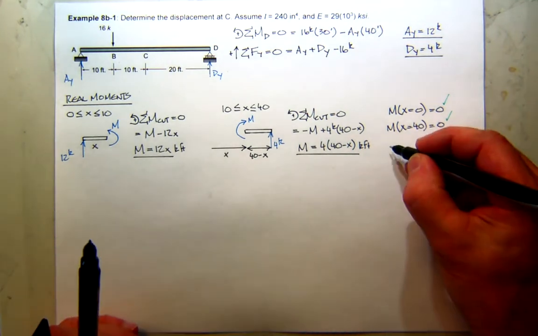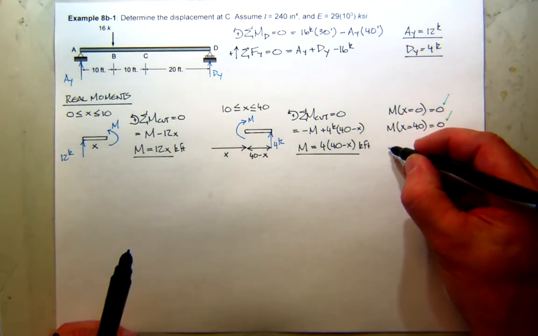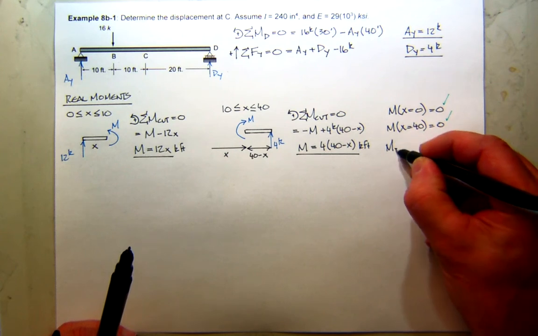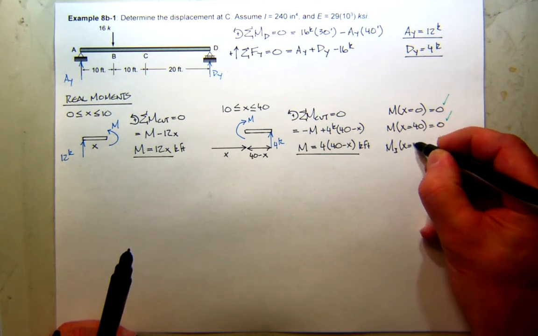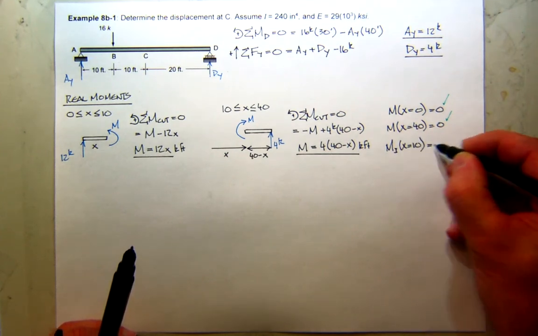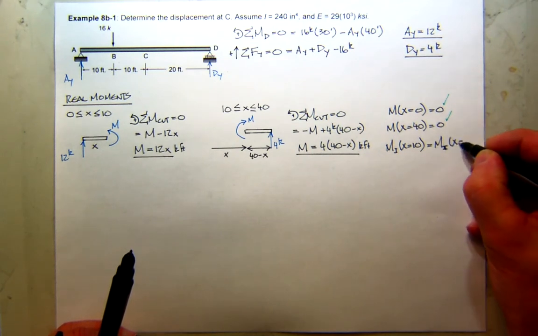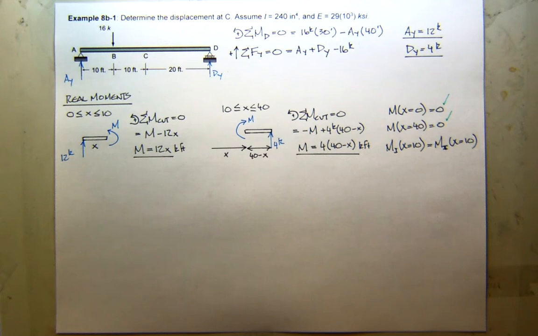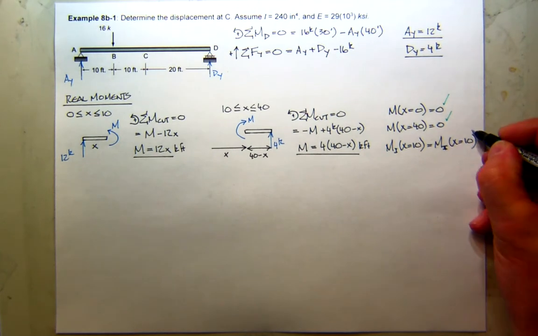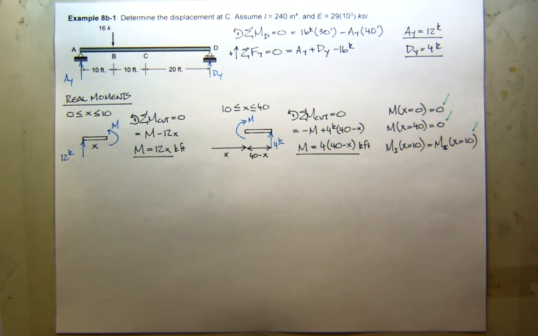And also we know that the moment from the first segment at x equals 10, whatever it is, should equal the moment from the second segment at x equals 10. And we just checked that. That was 120. So lots of green checks. So I feel pretty comfortable about the moment expression being correct.